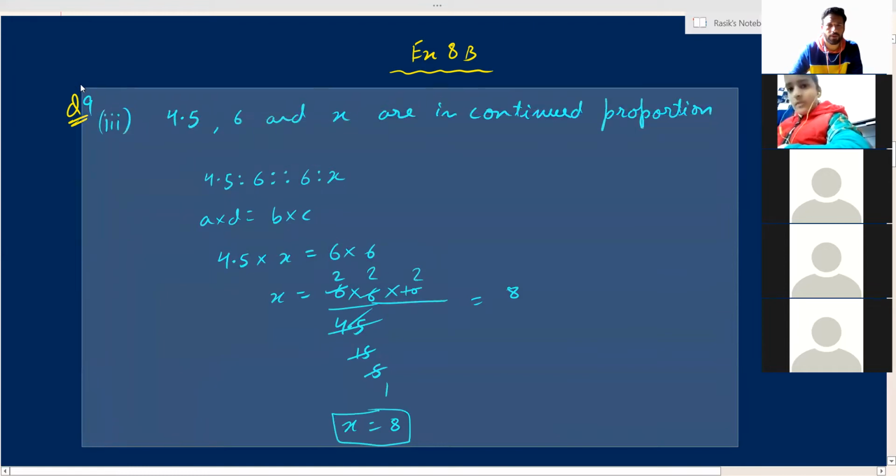Let's start with question number 10. Have you all done question 9?